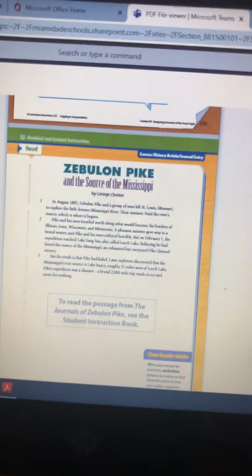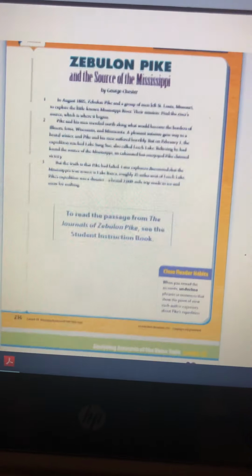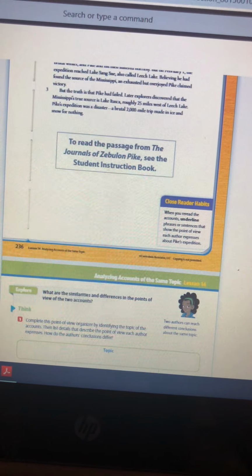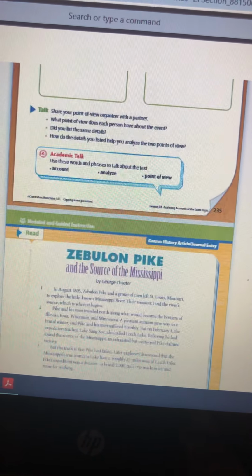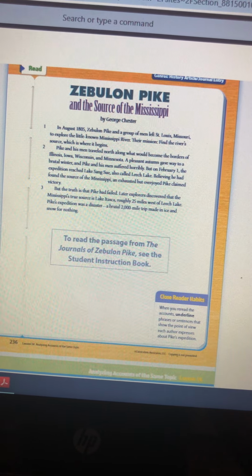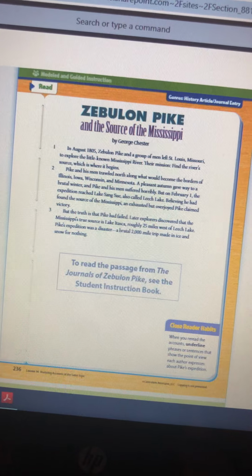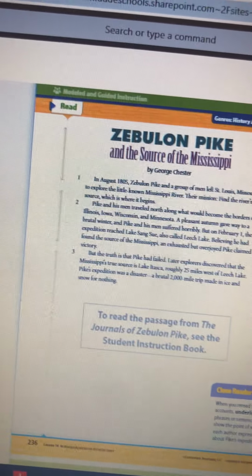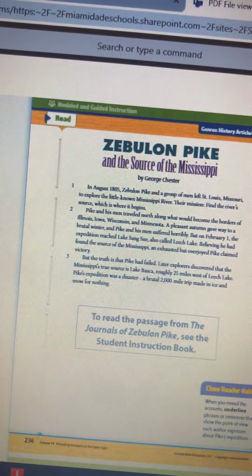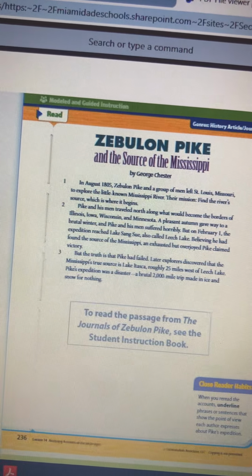Here are 2 articles, okay, 2 journal entries about the same event. Oh, I'm sorry, it's not 2, excuse me. Okay, here we have the genre. It's a historical article or a journal entry.